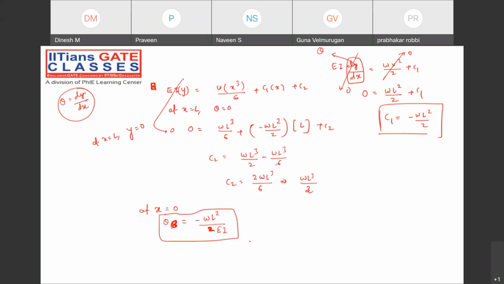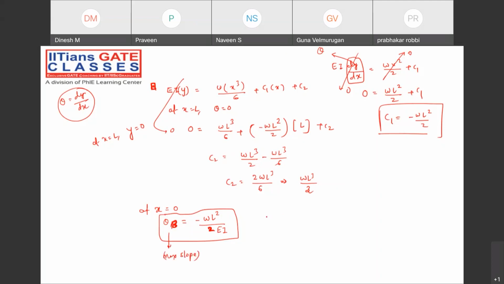Very, very important. Done. Now, so this is the slope, maximum slope formula.